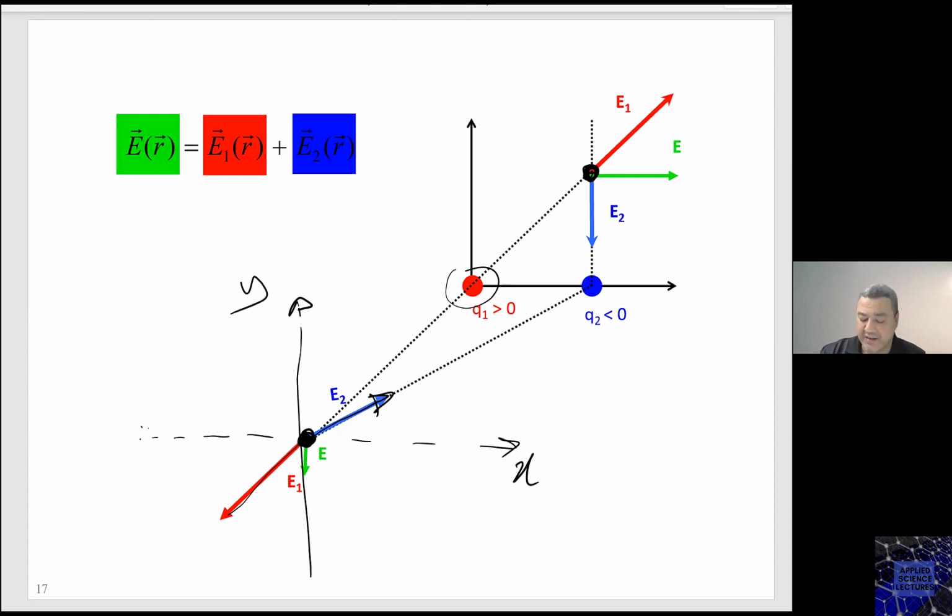And exactly the same here, x and y, and then project the components on the x and y, find the components for the total electric field, and then reconstruct it again.